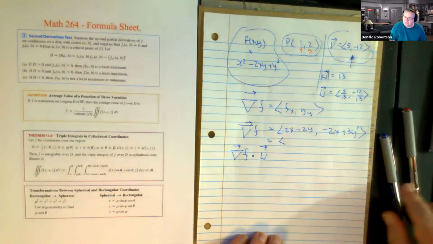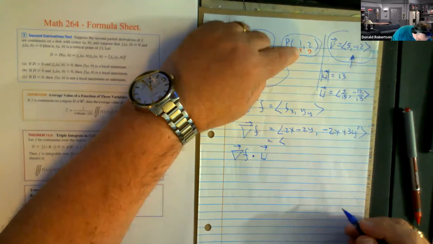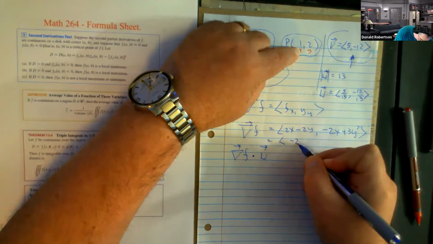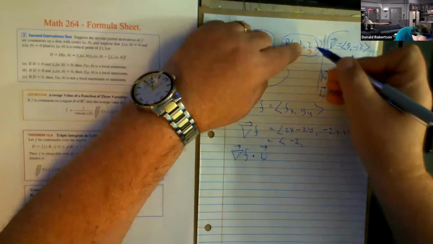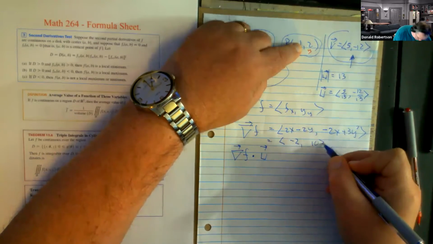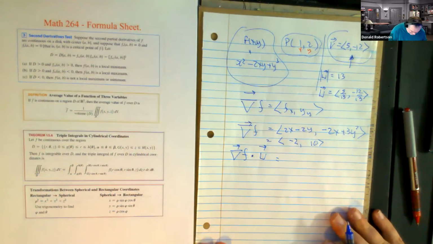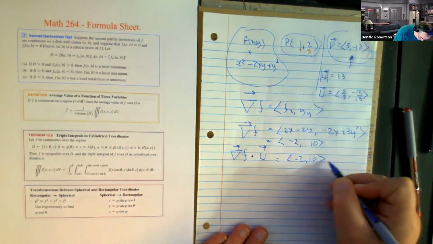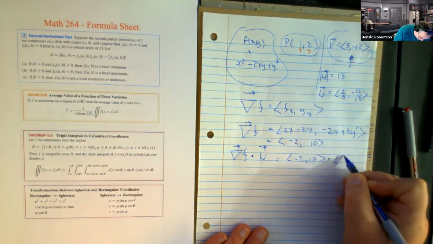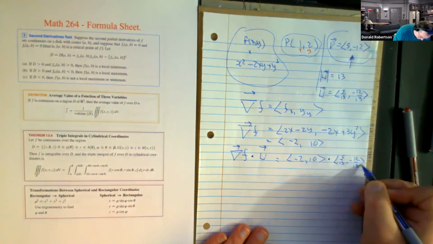Agreed? So what's that going to be? 2 times 1 take away 2 times 2, so that's negative 2. Negative 2 times 1 is negative 2, plus 12 gets me 10. So there's my guy. So I will be taking (negative 2, 10) dot product with the unit vector of the direction.